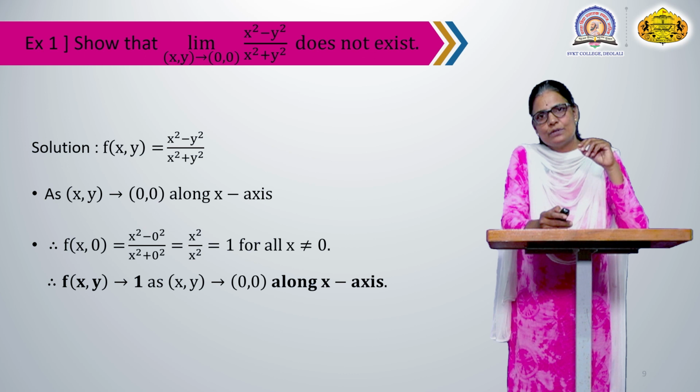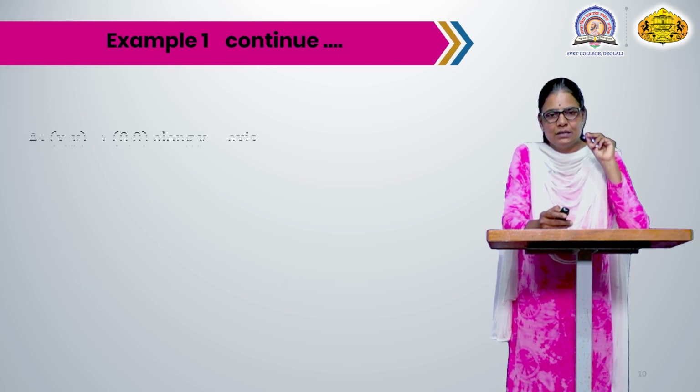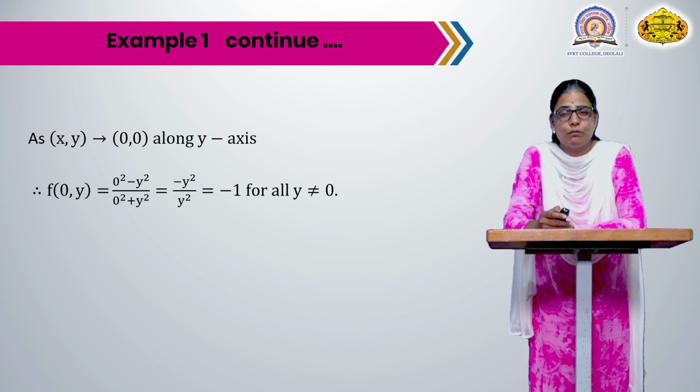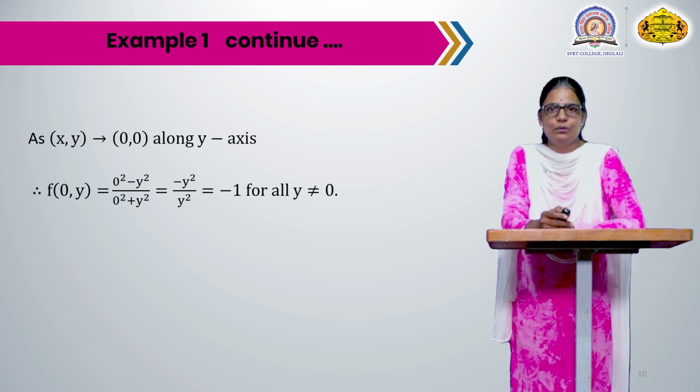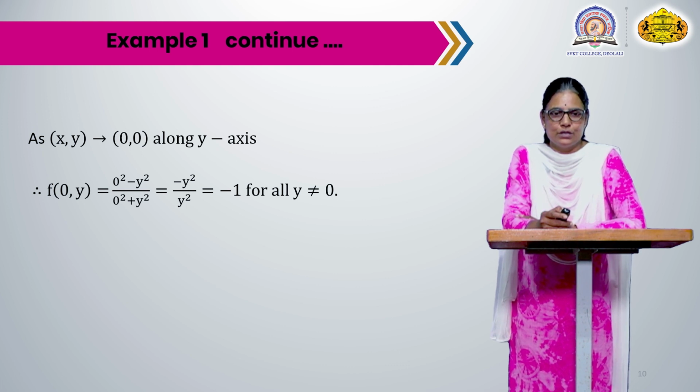Now do the same procedure to calculate the limit of the function along the y-axis. So now we consider (x, y) approaching (0, 0) along the y-axis; the equation of the y-axis is x = 0. First we calculate the functional value by putting x = 0 in the function f(x, y).